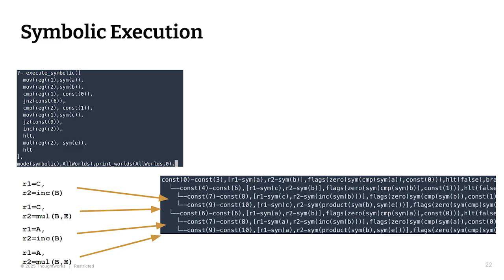Now when I actually run this code, at the end of it you will see that the final result, R1, will basically be C. R2 will be equal to INC B, which means it's the same thing as saying R2 is equal to B plus 1, where B was the original symbol.